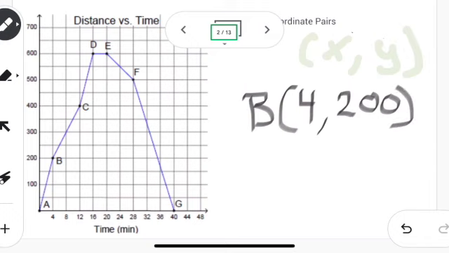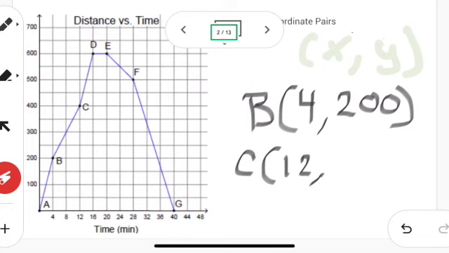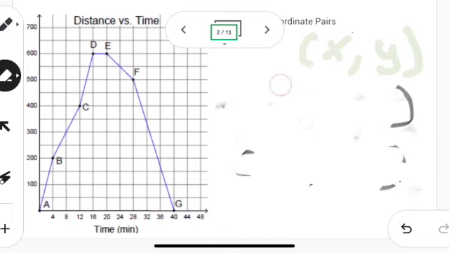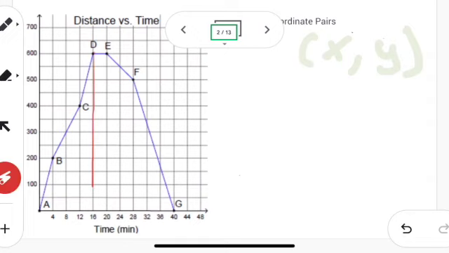So now why don't you try finding point C? Yep. So I would look down for my X value, which is 12. And then I would look over at my Y value, which is 400. And let's try point D. So for D, I would look down and it would be 16.